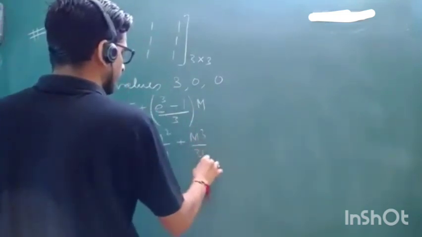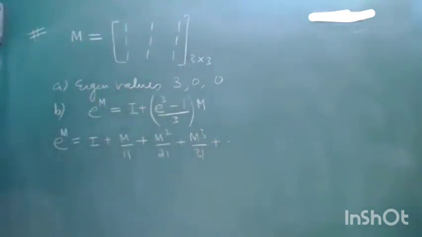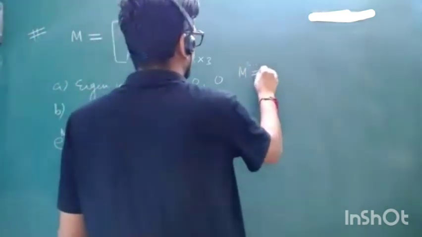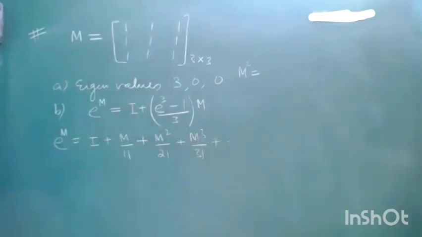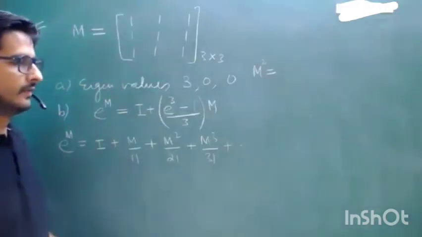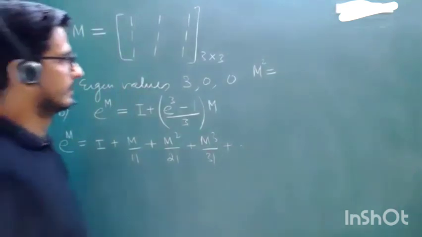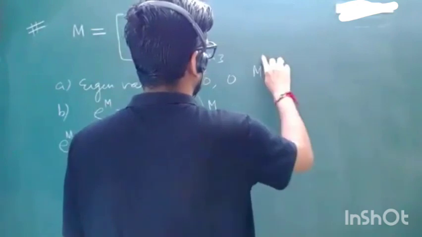So what is the value of m square if you calculate? If you multiply, you will get m square is equal to 3m.